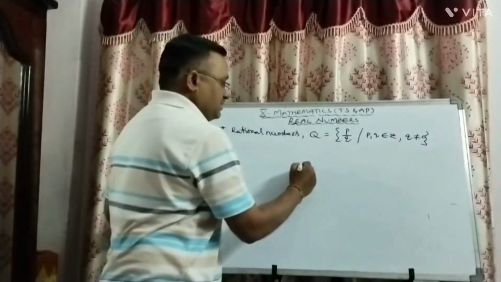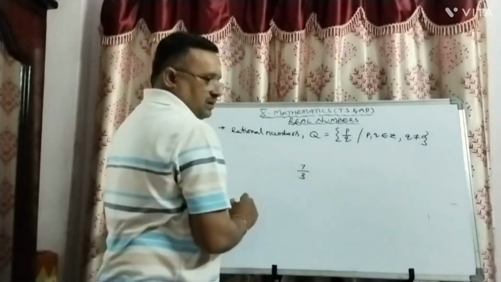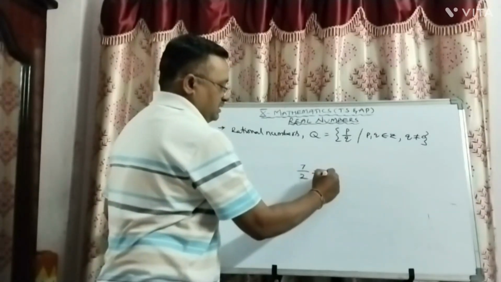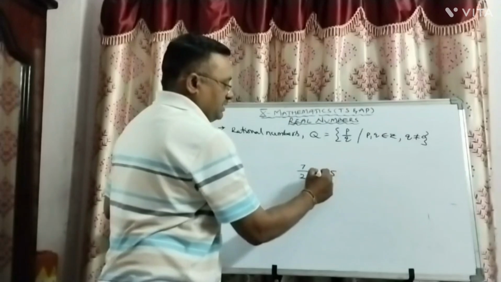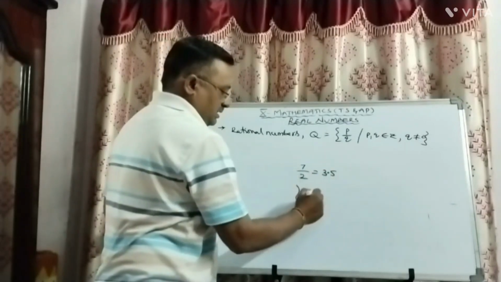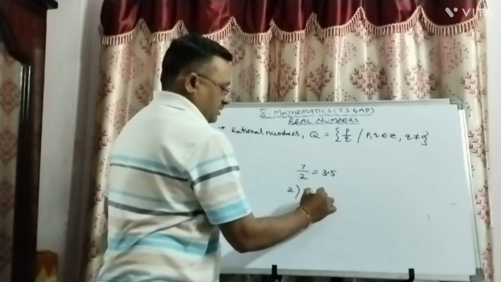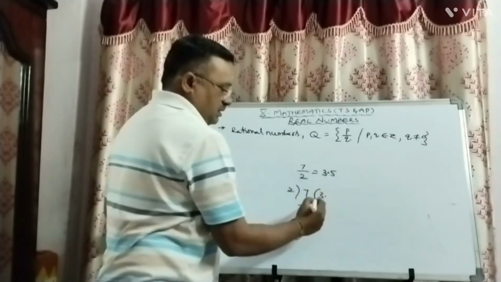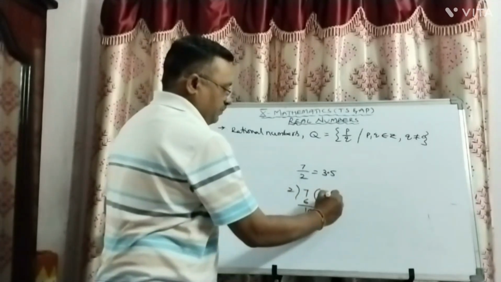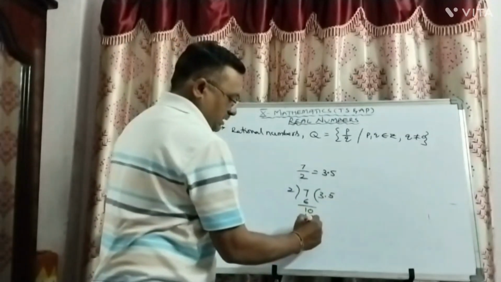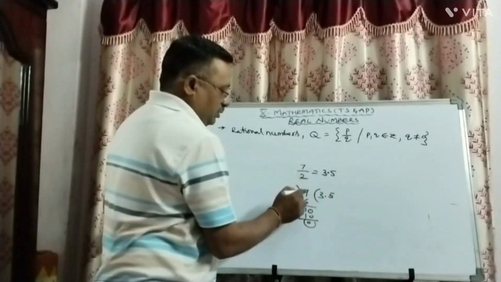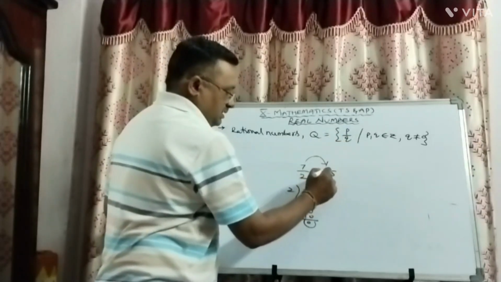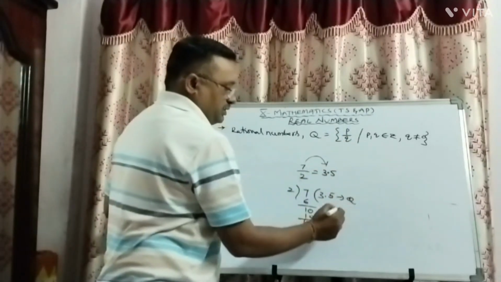In that division, 7 by 2, its answer is 3.5, which you get in the quotient form. 2 times 3 is 6, remainder 1, put the decimal point, 10 becomes 2 fives are 10, remainder 0. 7 by 2 is the division form, P by Q form, and its answer 3.5 is nothing but the quotient.